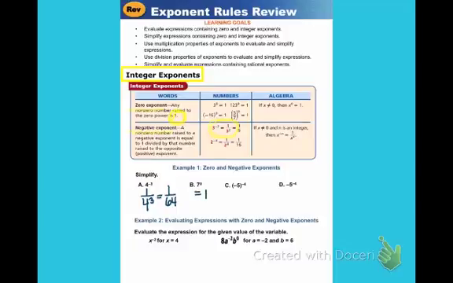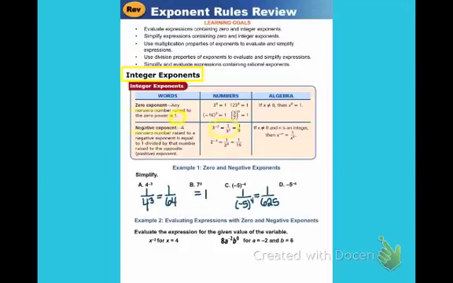Negative 5 raised to the negative 4th power, what that really means is 1 over negative 5 raised to the positive 4 power. So again, that negative on the exponent really just means the reciprocal, or 1 over that base to the positive power. And so that would really be 1 over negative 5 to the 4th, which is 625. So that'd be 1/625th.